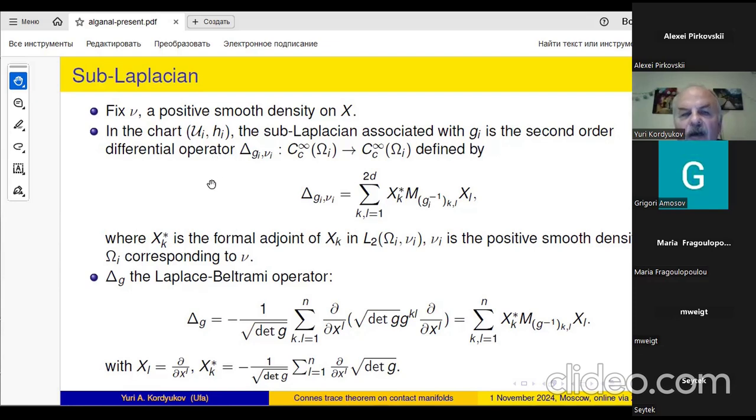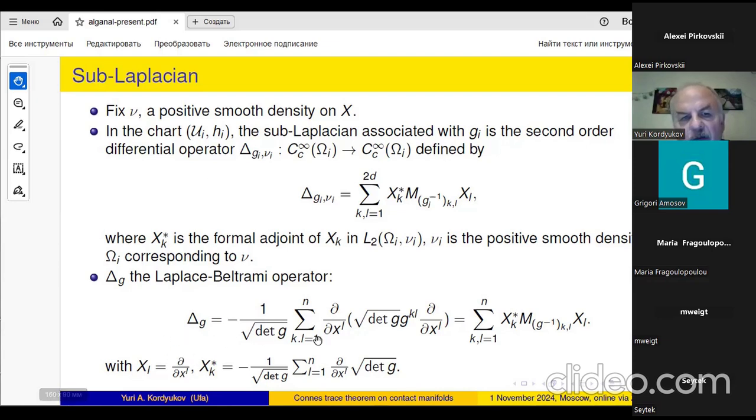But in this case, for a contact manifold, we don't have that. We can discuss what we mean by this volume form, and actually that is one of our purposes. But actually, we don't have a canonical volume form.